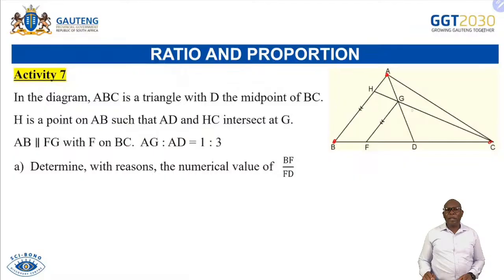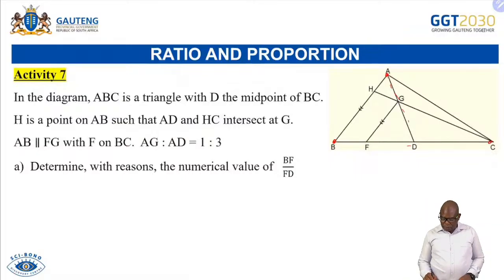We've got so many lines here, and these lines are a bit confusing, but please make sure that you understand what you are doing. I'm going to use triangle AGB because this is the triangle that has two parallel lines. That line is not extended, so I cannot use that triangle for ratios.